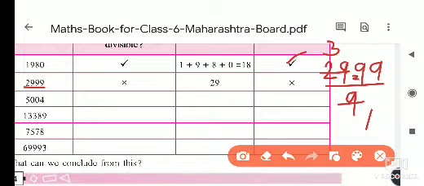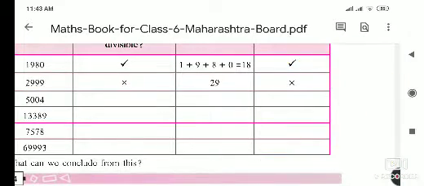The remainder is 2, which you write in front of the next 9. Again divide by 9: 9 threes are 27, again 2 remains. Again 9 threes are 27, and 2 is again the remainder, because 2 is smaller than 9. That's why this number is not divisible by 9.